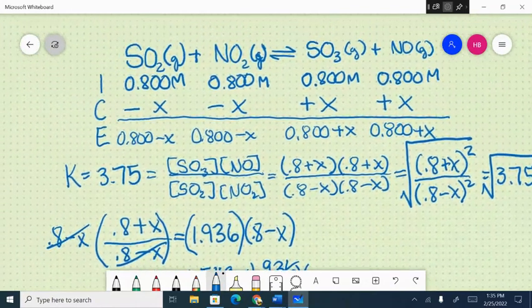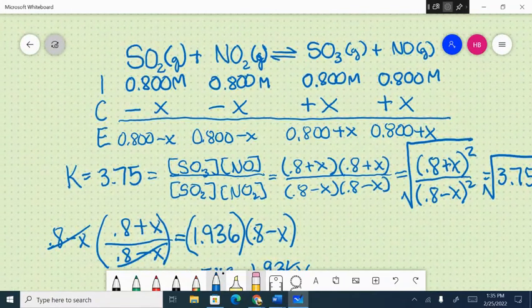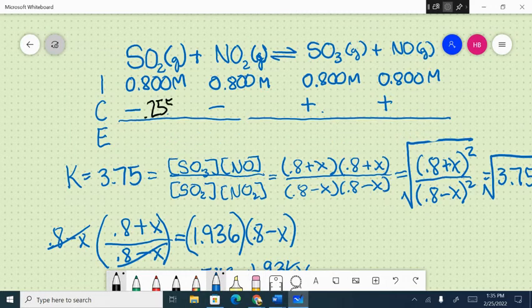So if you go up here, we can put that in here instead of x. And I can calculate my actual concentrations at equilibrium.